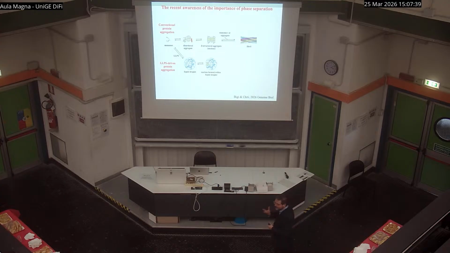So at some point there can be a nucleus, a structured nucleus with beta sheet structure, that forms within this droplet, where we have a high concentration of molecules. And this nucleus can go further to form a fiber. So this is a model that people are considering.